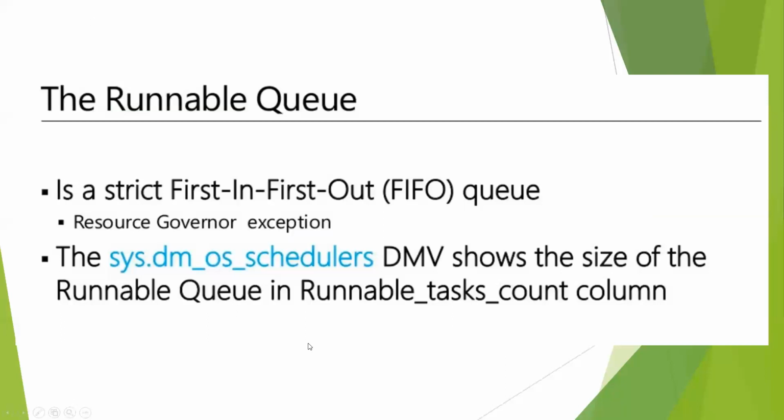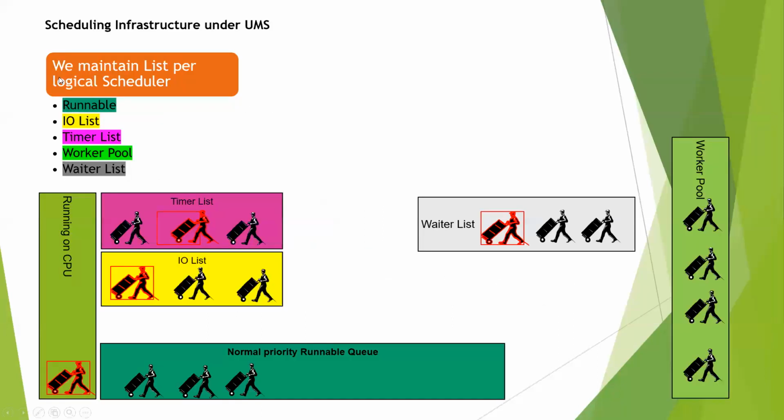Right. So let's say we were talking, let's take some action and see that. There are different lists that we have, right? Now let's assume that a thread in the runnable queue is currently running on the CPU. We have different lists: a timer list, an IO list, a waiter list, and an available worker in the worker pool.